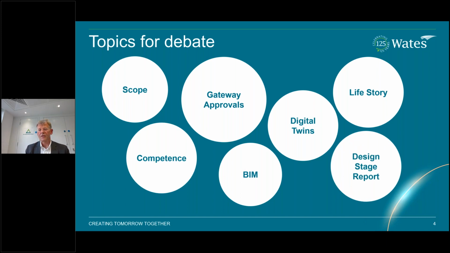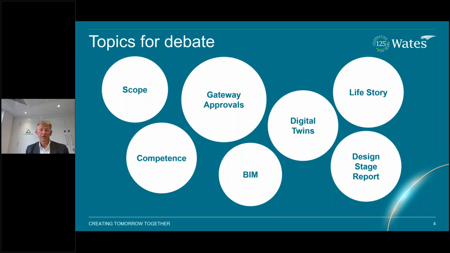And then finally, design stage reports. Well, I think it's inevitable that a good deal of that information will form part of the submissions under the gateway approvals. But I can say from my own experience, and we're actively involved in anything between 60 and 80 projects at any point in time, the days when design teams, customers and contractors required a comprehensive set of documentation representing the end of each RIBA design stage have typically gone.